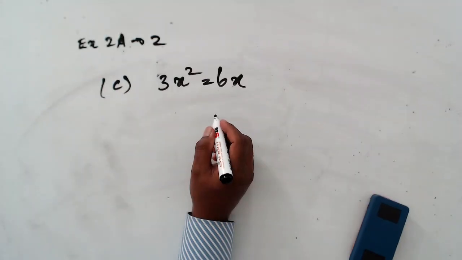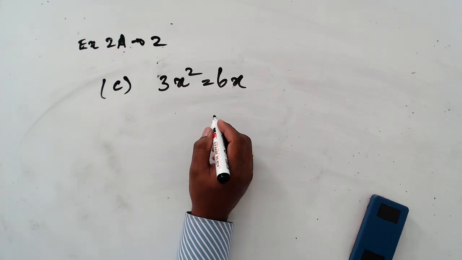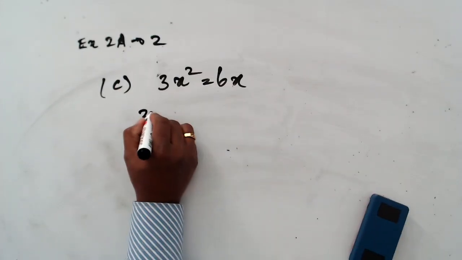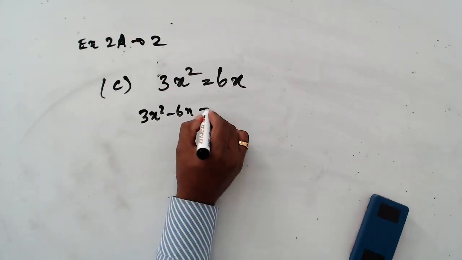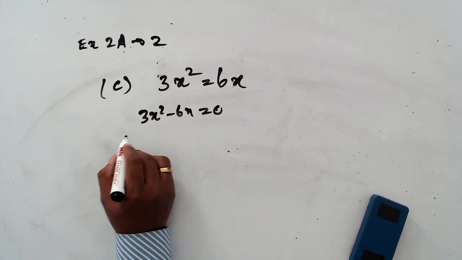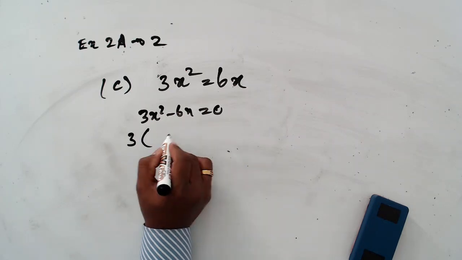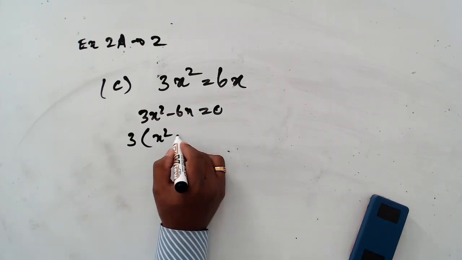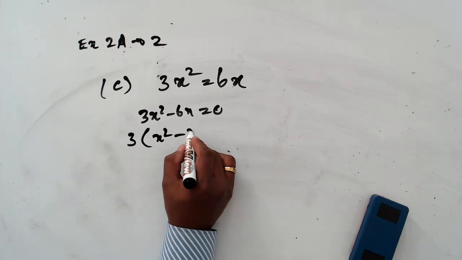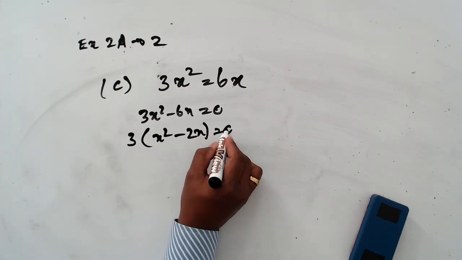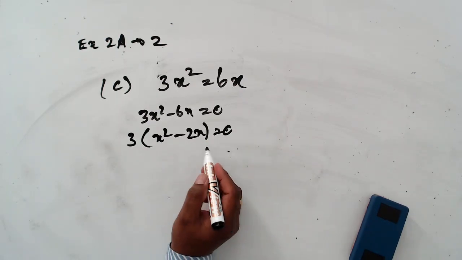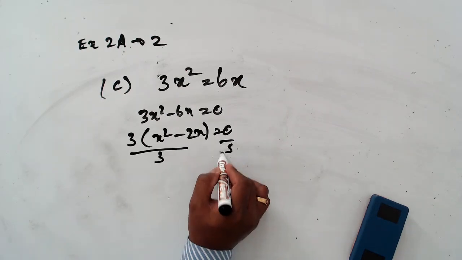In this question, 3x square equal 6x. So then 3x square minus 6x equals 0. I can take 3 out, then I can see x square minus 2x equal 0. Actually, I can divide by 3 from here.